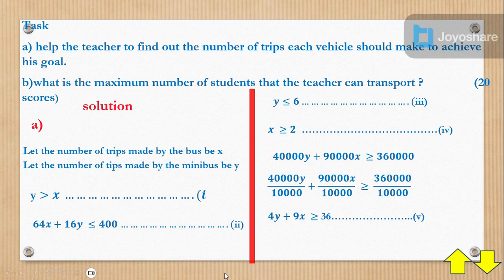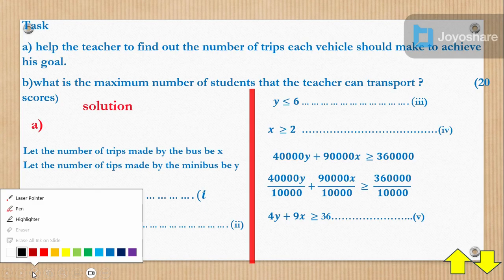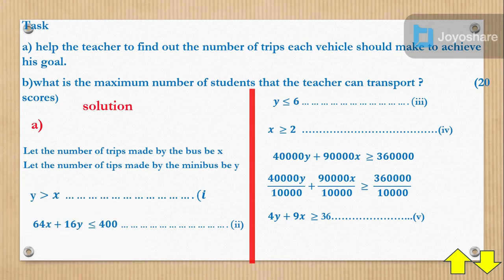Please, it is very acceptable to reduce. You have a right to reduce where necessary. So we have reduced. When you divide 40,000 by 10,000, it will give you 4Y. Divide 90,000 by 10,000 will give you 9X. And then 360,000 divided by 10,000 will give you 36.